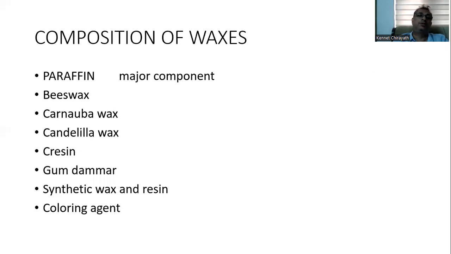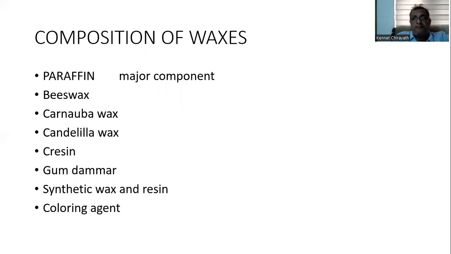Now comes the composition. The composition of the dental wax is paraffin wax. Paraffin wax is the major component of dental wax. Then comes bee wax, carnauba wax, candelilla wax, resin, gum damar, synthetic wax, and coloring agent.